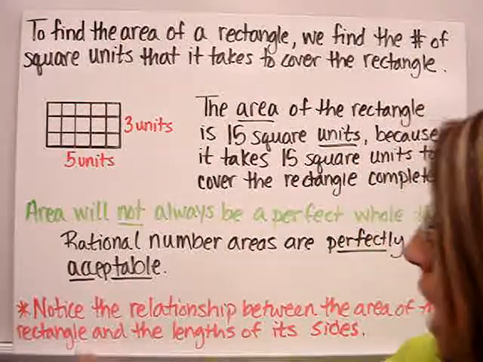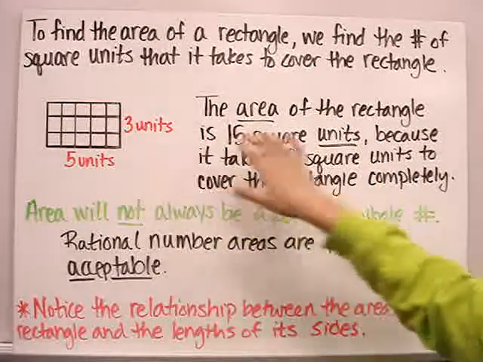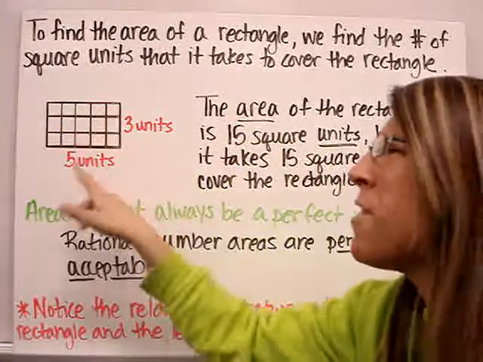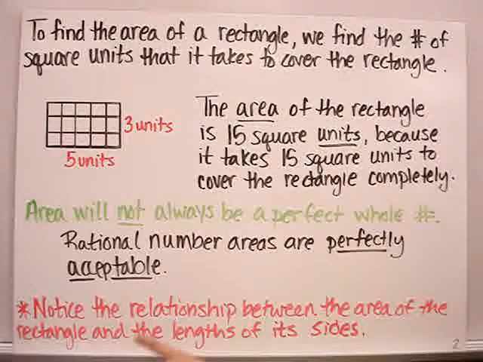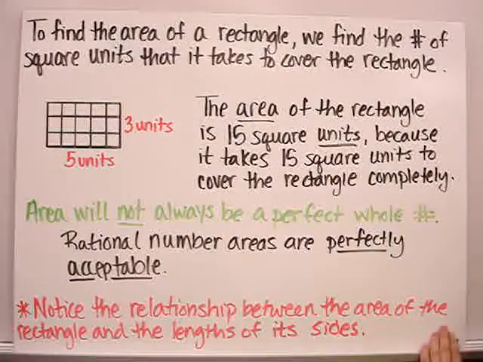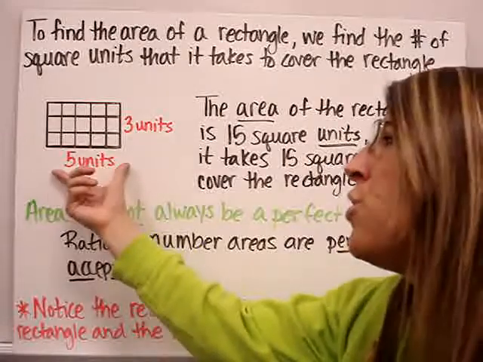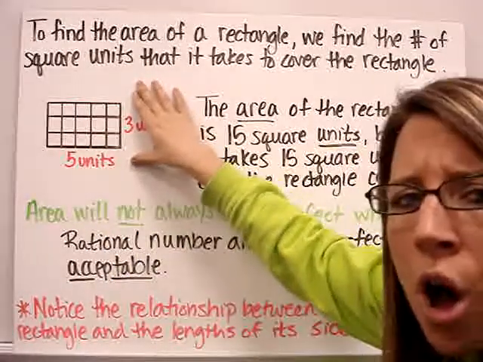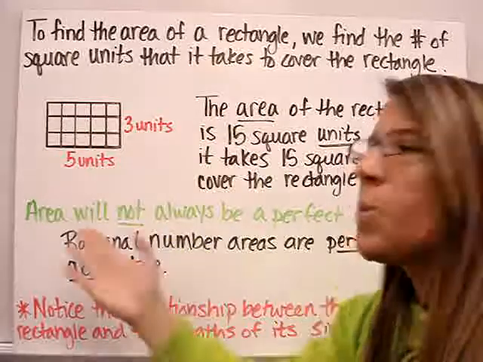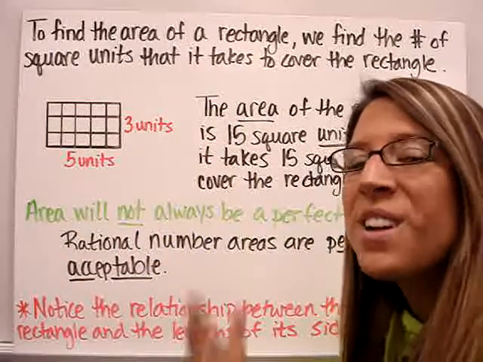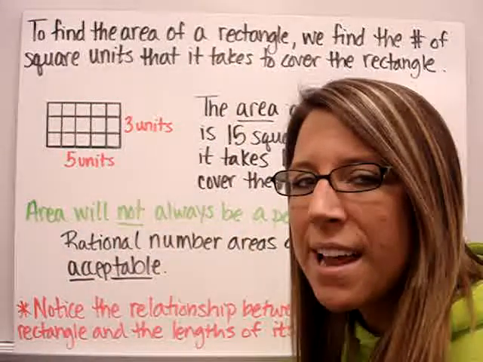And I want you to also check here. Have a look at this. I told you that it's 15 square units because I've drawn them out and we've counted them, but notice the relationship between the area of the rectangle and the lengths of its sides. If it's 5 units wide and 3 units tall, and then 15 square units total, that's a clear multiplicative relationship, isn't it?